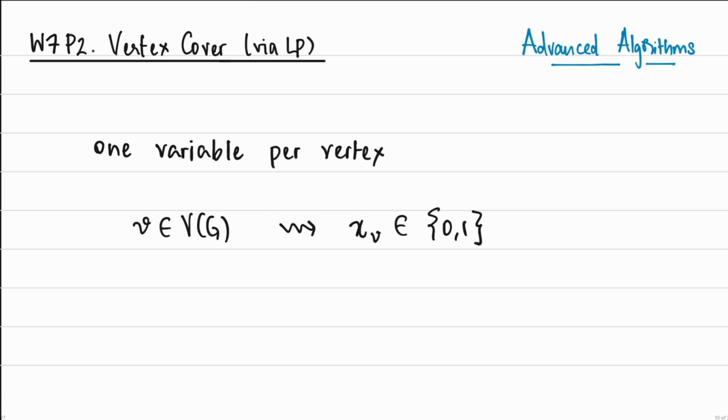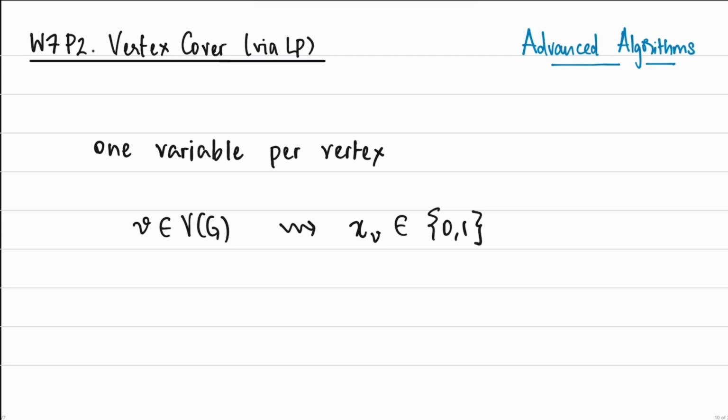And if x_v takes the value 1, then I'm going to infer that as saying that I want to include v in my solution. So that's the semantics that I want to associate with this translation.